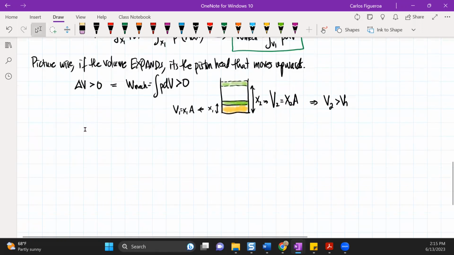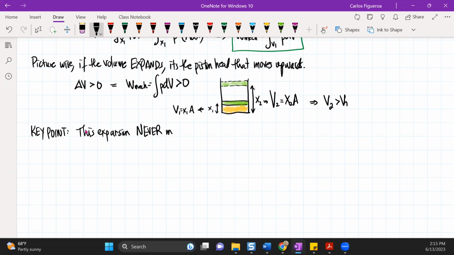Now, I think this is a really key point in talking about the difference between mechanical work and thermal work. The key point to remember is this: this expansion never mentions anything about the gas itself.